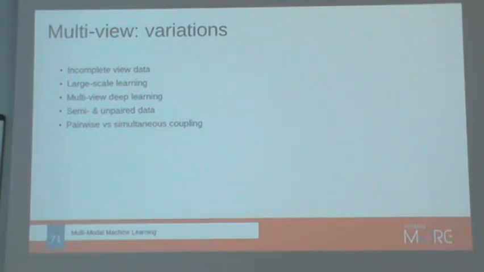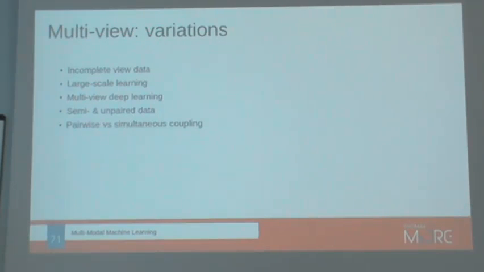So I showed you the basics of multi-view learning. If you see multi-view learning in literature, you will see it like this, but there are a lot of variations also. On one hand, you can have incomplete view data. So now we have all the data, very nice, but sometimes in one view we have lots of data, and in another view there's some missing data because of some crashes or because simply people didn't collect it in all views.